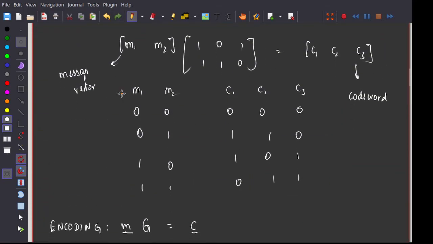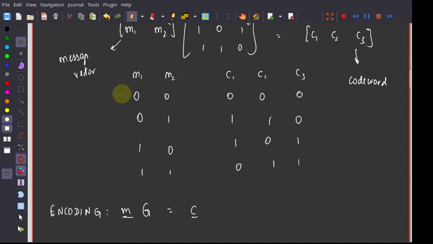So what is the minimum distance of this particular code? Here you have a list of all code words. The minimum distance is 2. Does everyone agree?